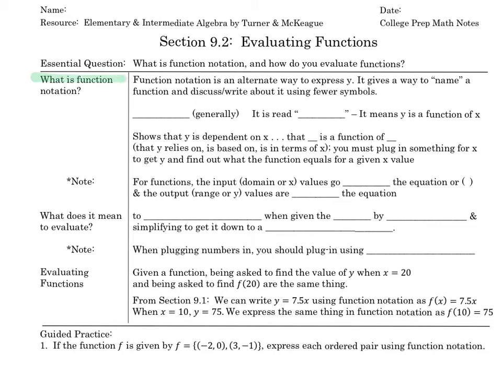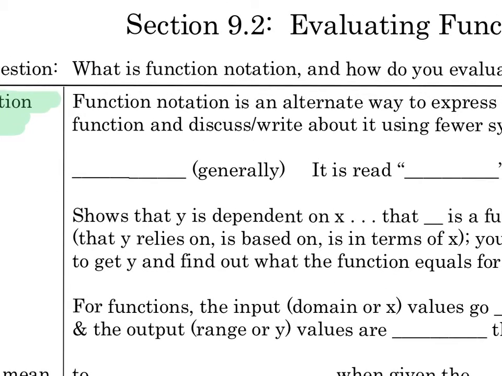So the first thing we need to talk about, what is function notation? Function notation is an alternate way to express y. So instead of y equals, now we're giving a name to our function and we're going to discuss or write about it using fewer symbols. So, generally speaking, y equals f of x.